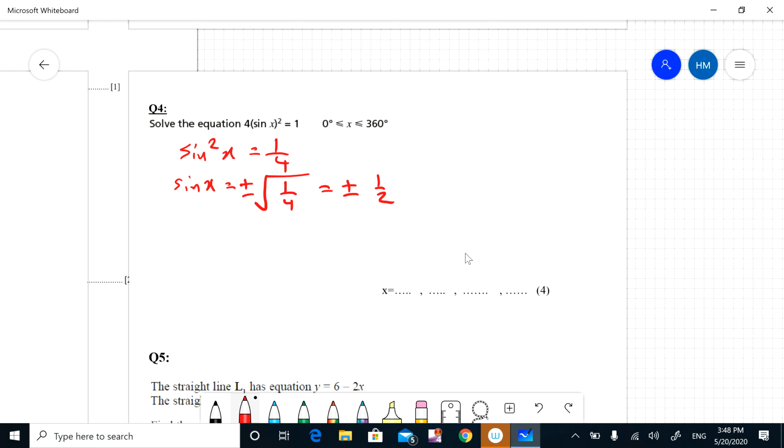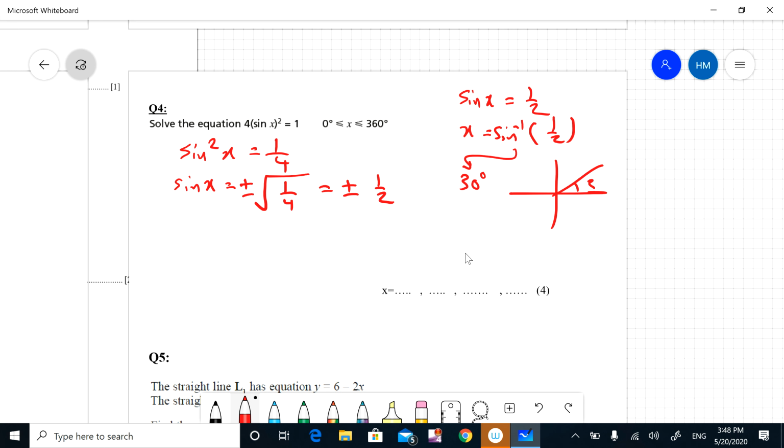So we have two equations. The first equation, we have sine x equals half. So x is sine inverse of half. The calculator will give you 30 degrees. Don't forget to put 30 degrees in the first quadrant, 30 degrees in the second quadrant, 30 degrees in the third quadrant, 30 degrees in the fourth quadrant.